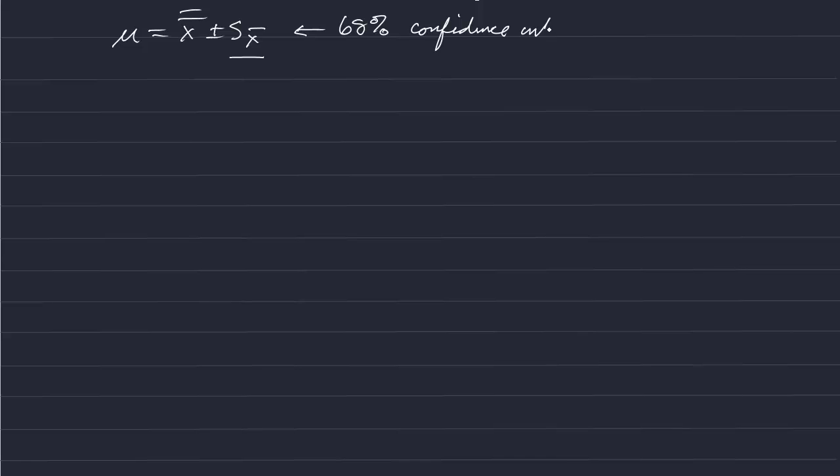So by defining our estimate of mu as our grand mean plus and minus a standard deviation of the sample means, if we use one standard deviation to define our uncertainty, this gives the 68% confidence interval on mu.